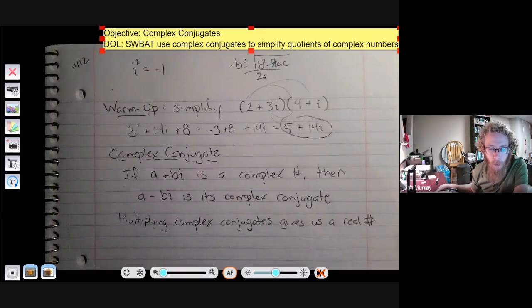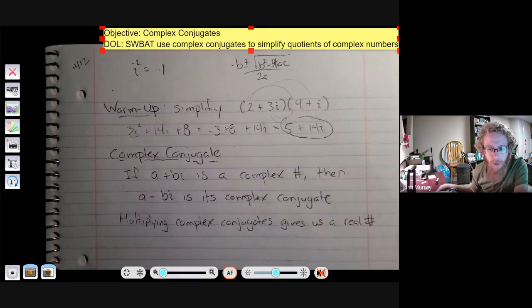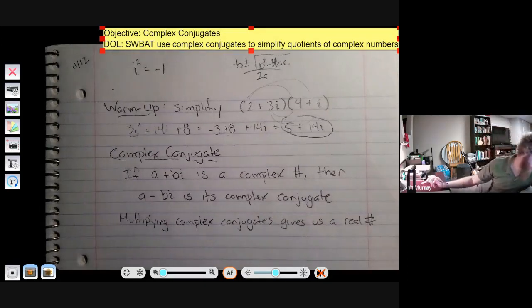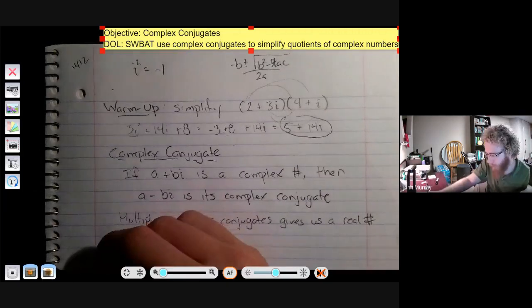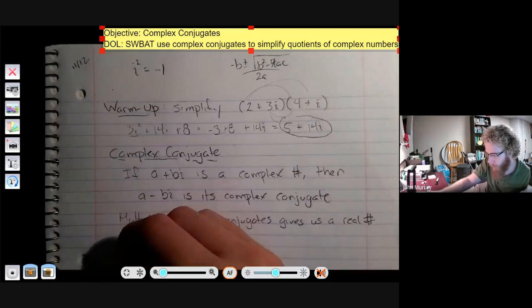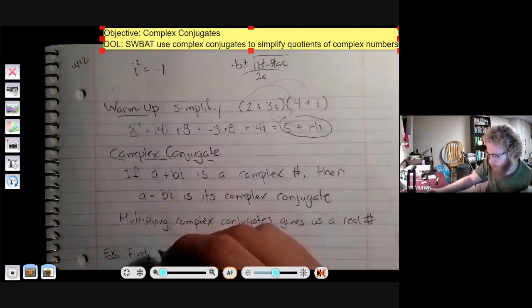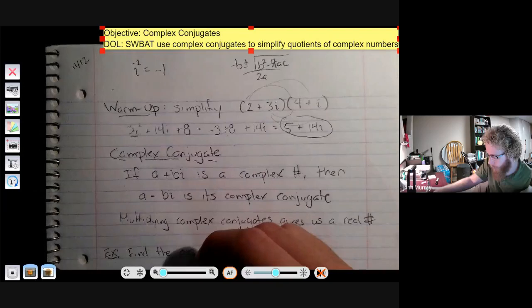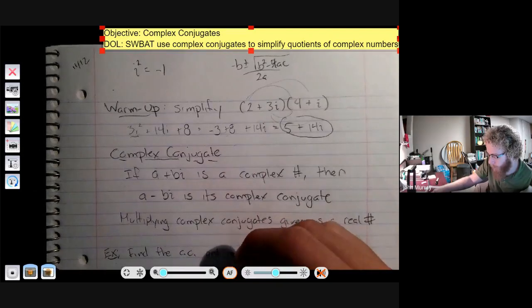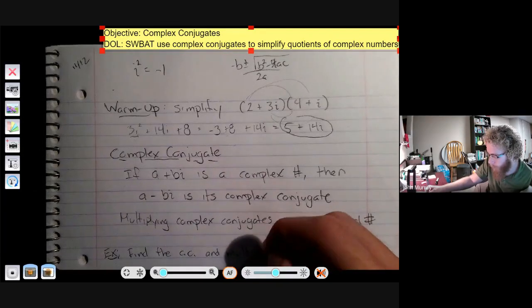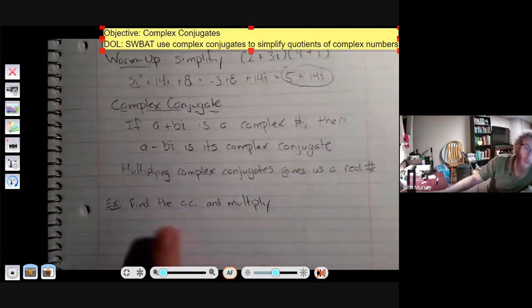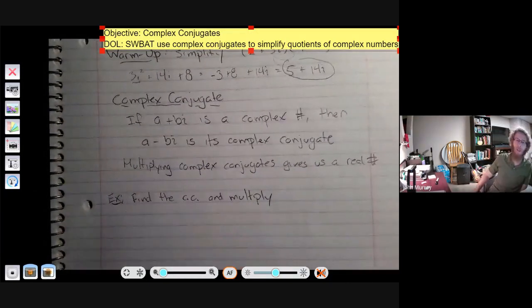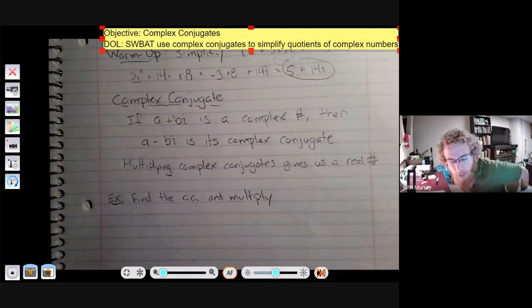So quickly, I'm gonna go over an example of doing that, and then we're going to move into why we do this. All right, so it's a lot to write out, so I'm just going to abbreviate complex conjugate as CC for now.